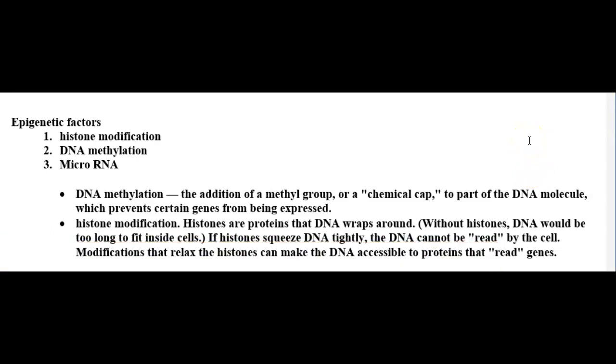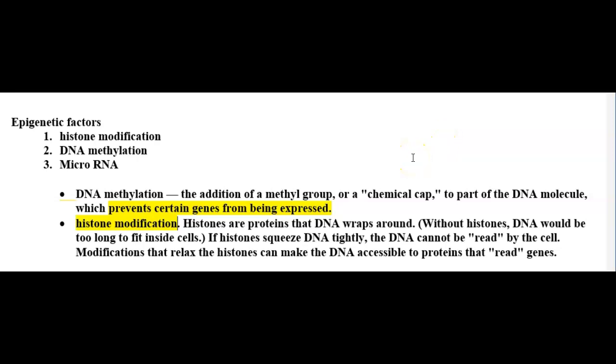So basically that is just going to prevent genes from being expressed. The key thing is that it's not changing the DNA, it's just not letting it be expressed. Histone modification, we'll talk about that, and I'll show you a picture to understand this.